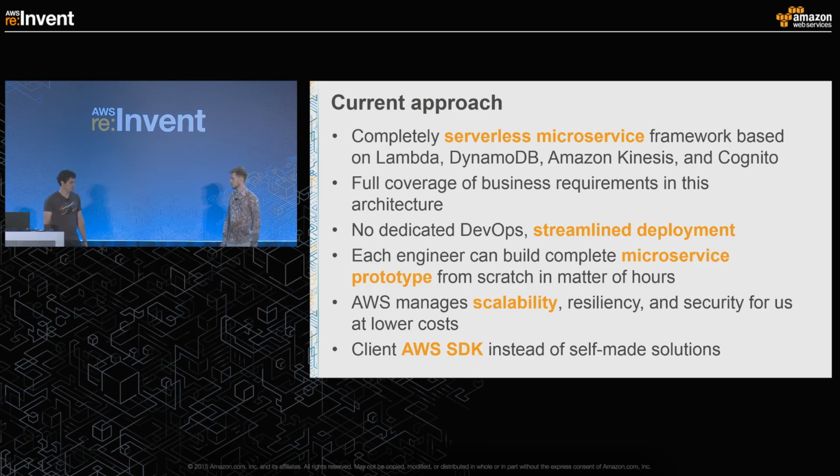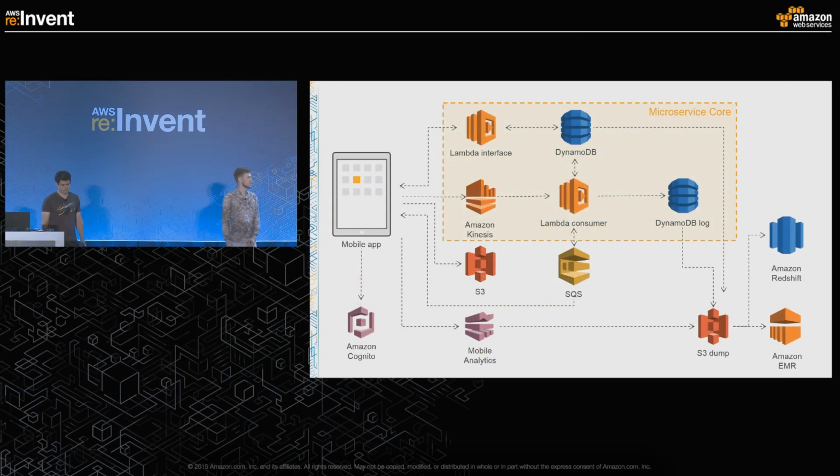So this is the basic scheme of our microservice framework. And the core of a microservice is what allows for all the basic features that we need. It's DynamoDB for data storage. It's exposing interfaces to client applications through Lambda endpoints and Kinesis streams.